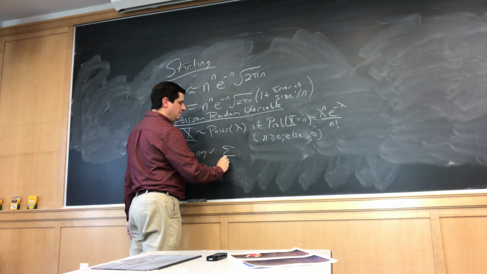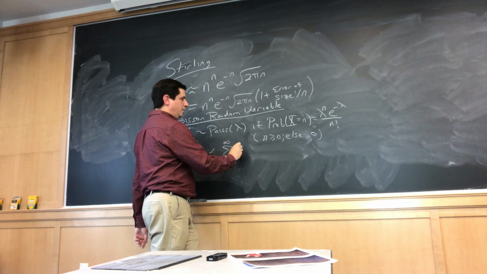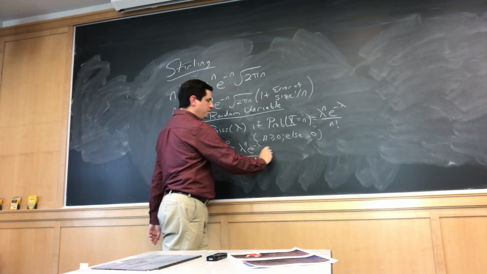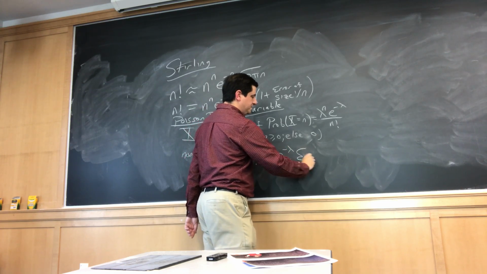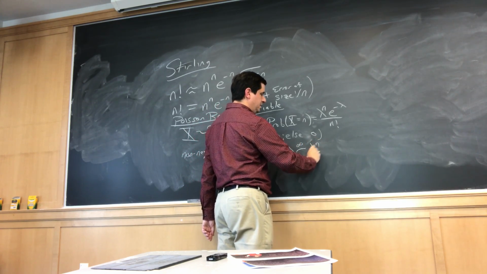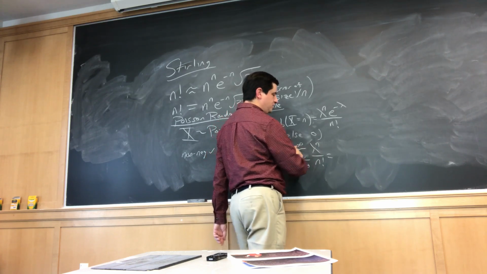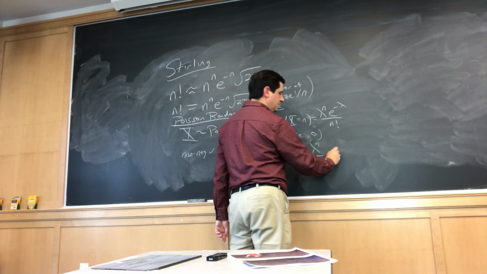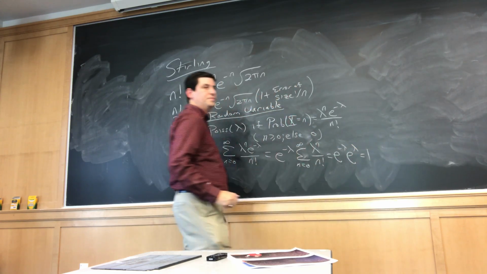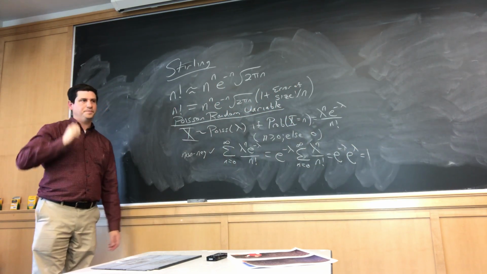And then the sum, n goes from 0 to infinity of lambda to the n, e to the minus lambda over n factorial. And this is just e to the minus lambda, the sum, n goes from 0 to infinity of lambda to the n over n factorial, which is the definition of e to the lambda. So you get e to the minus lambda, e to the lambda, which is 1. So it is a probability distribution.